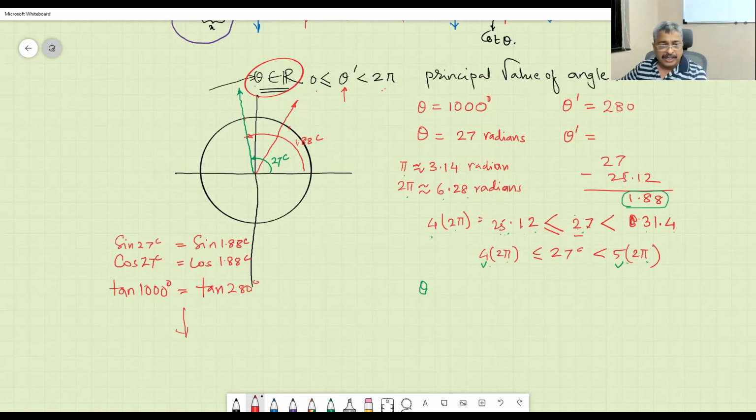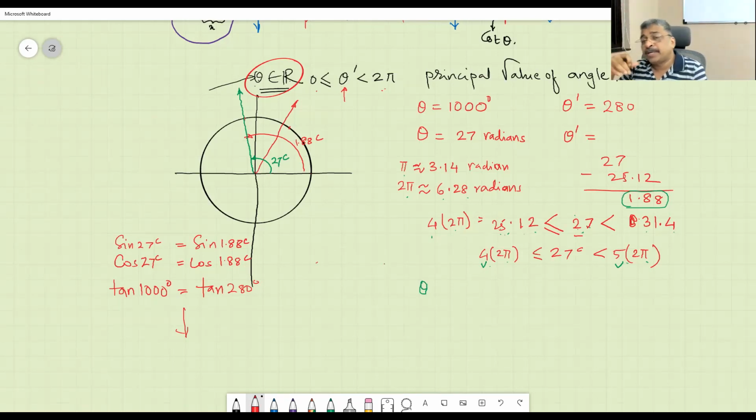So for every theta, there will be a theta dash between 0 to 2 pi, which will give you all the trigonometric ratio properties exactly the same. That simplifies our job, because if we study 0 to 2 pi well, it is as good as we study theta belonging to R well.